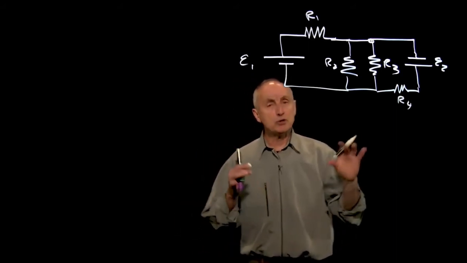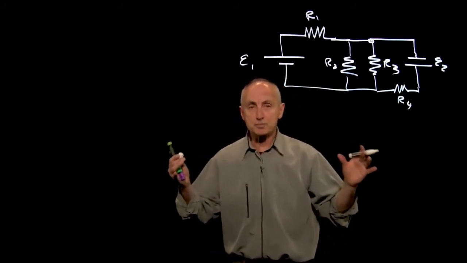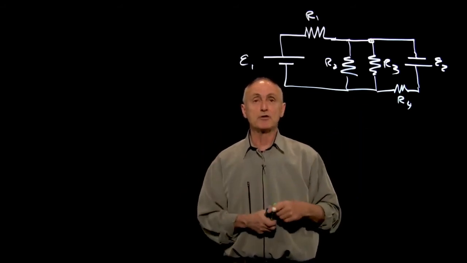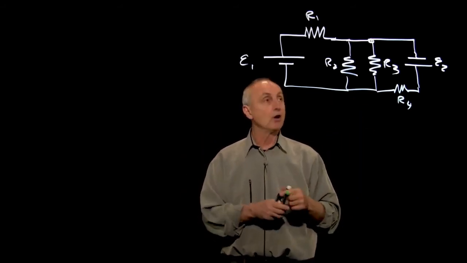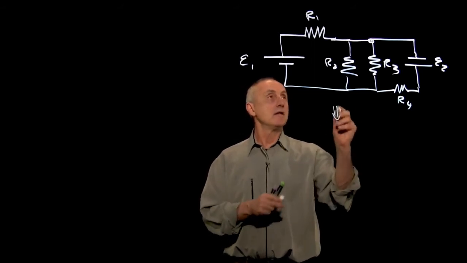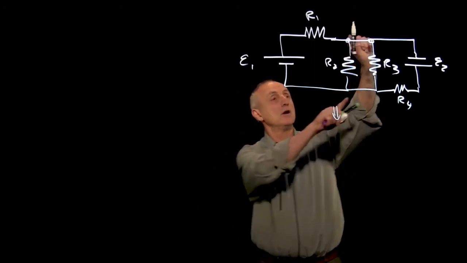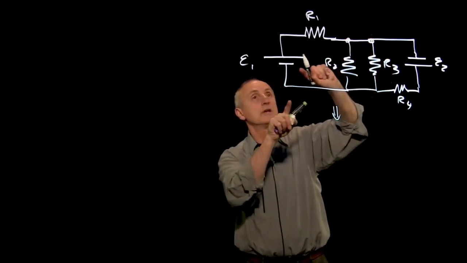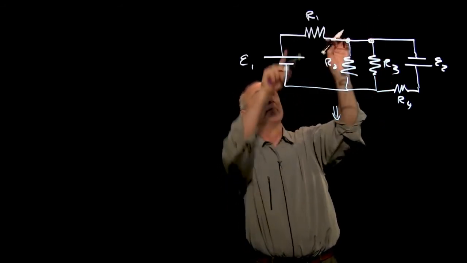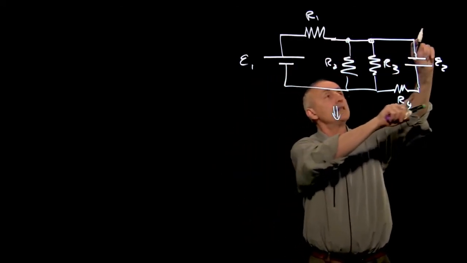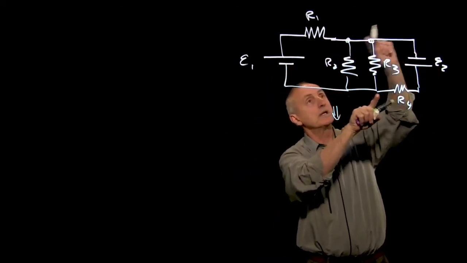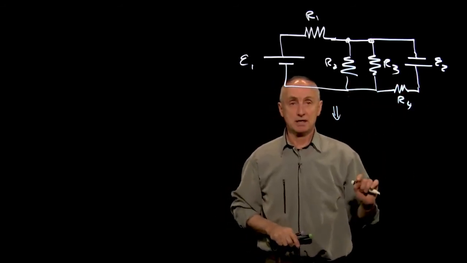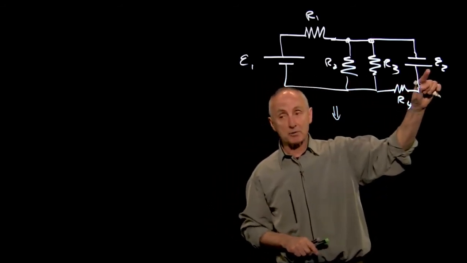Now, when we look at this, our first principle is to see if we can make this network a little bit easier by looking for elements that are in series and parallel. Well, we can see that these elements here are both connected across the same potential difference. That potential difference is the EMF minus the drop there. And these two elements are also connected across the same potential difference. So we have three elements connected in parallel, but this one has a battery.